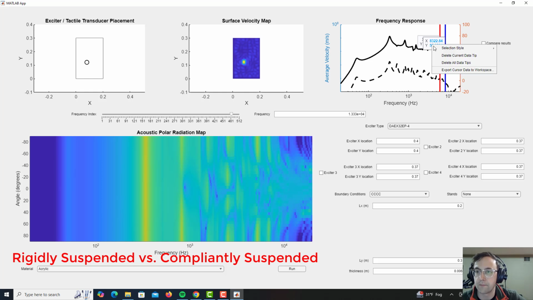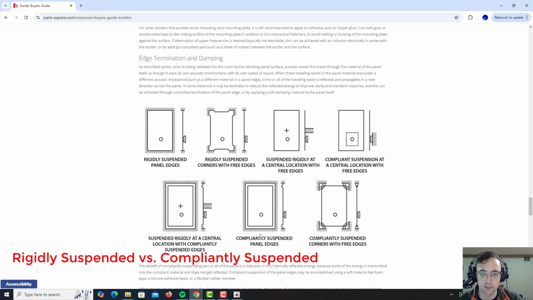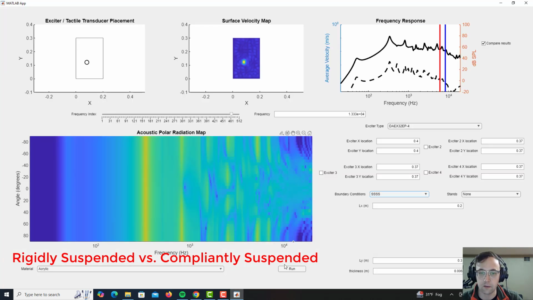That's the blue line. Okay, so let's compare that then to the SSSS, simply supported on all 4 edges, which is going to match this, compliantly suspended panel edges. Let's take a look.